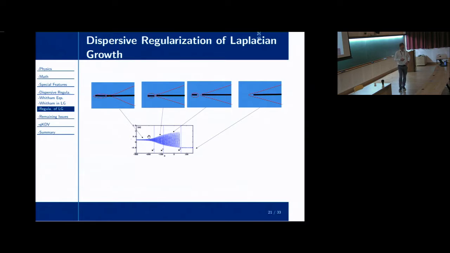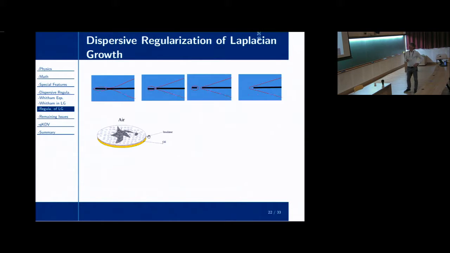Physically, what this means is that we allow another droplet to form independently within the Hele-Shaw cell, which is impossible in the regular Hele-Shaw cell because it is a glass container which doesn't allow air in. So this is air and this is oil.